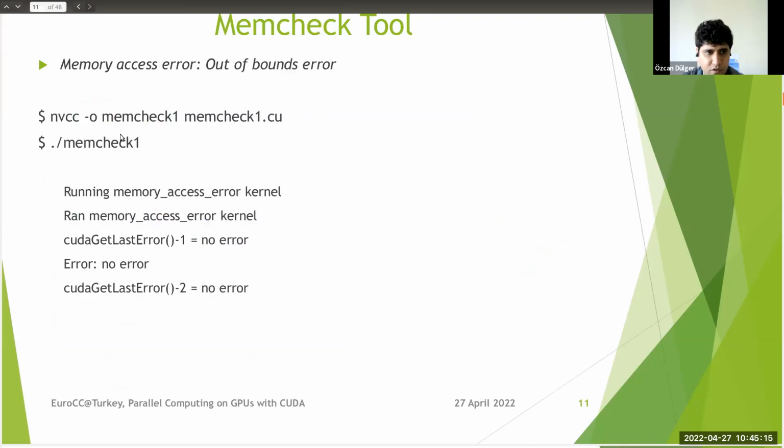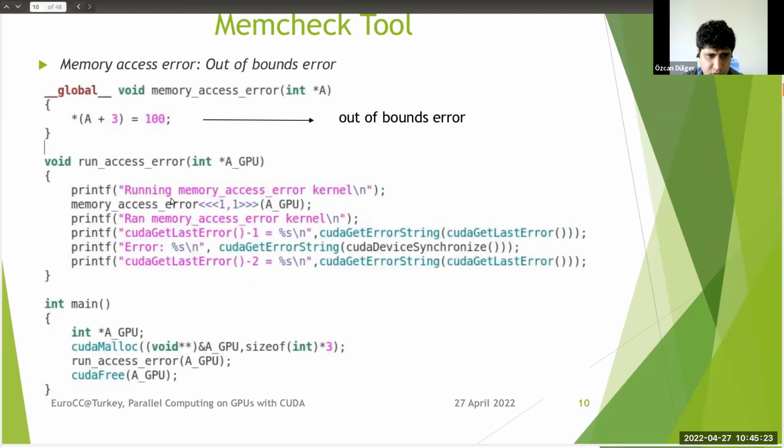Okay. With this command, we can compile and we can run. When we run our program, let's focus on the printf first. This is the first printf.